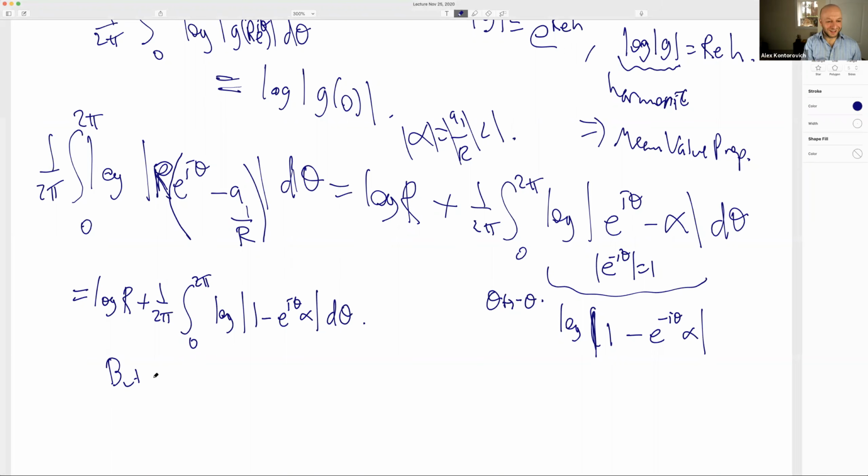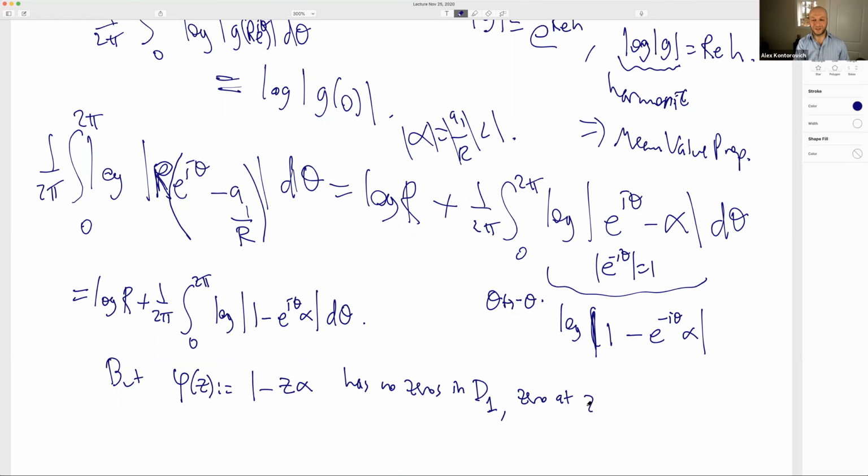But look at the function. I'm running out of letters for functions. I'll call it phi. Phi of z is defined by 1 minus z alpha. Alpha has absolute value less than 1. This has no zeros in the disk of radius 1, because the zero is at z equal to 1 over alpha, and 1 over alpha has absolute value bigger than 1.